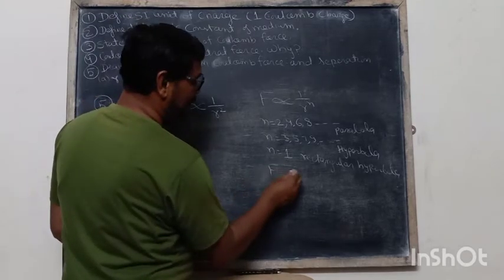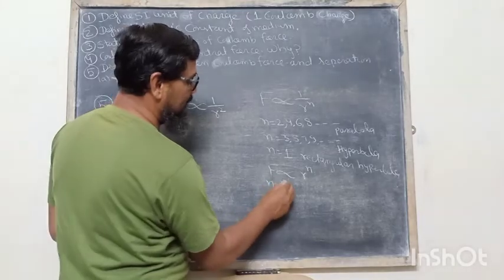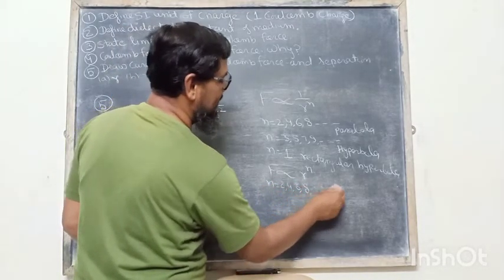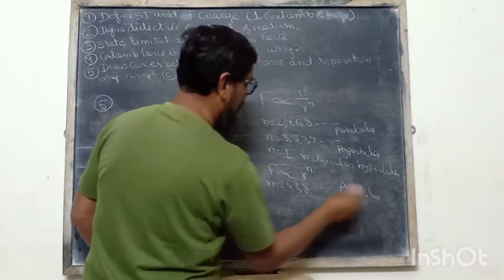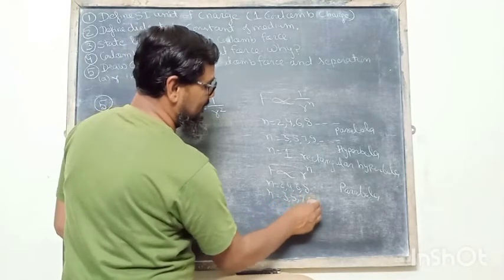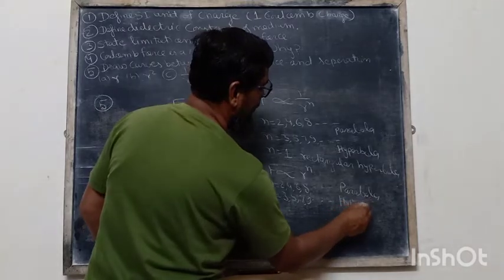And if F is directly proportional to R^n, and if n is equal to 2, 4, 6, 8, and so on, then the shape of the curve will be a parabola. And if n is equal to 3, 5, 7, 9, and so on, then the shape of the curve will be a hyperbola.